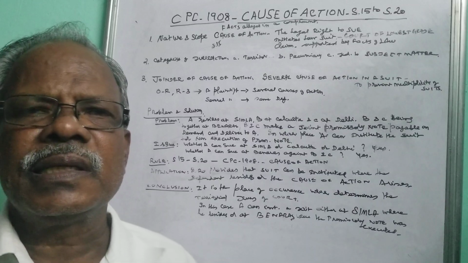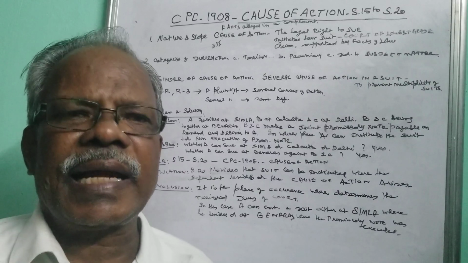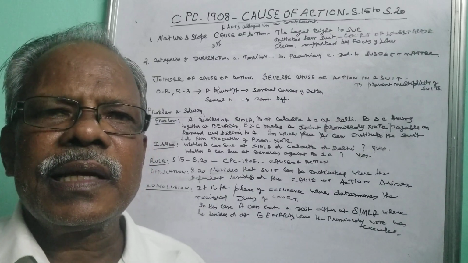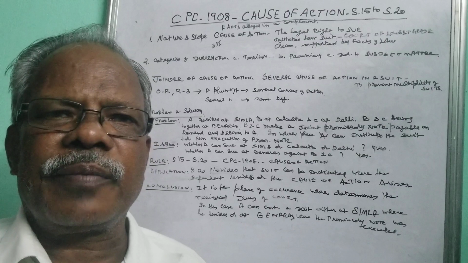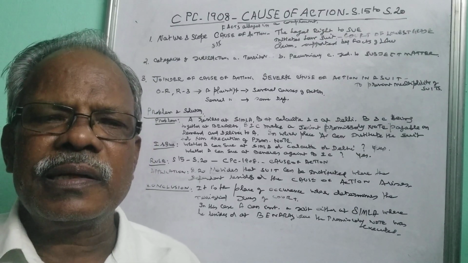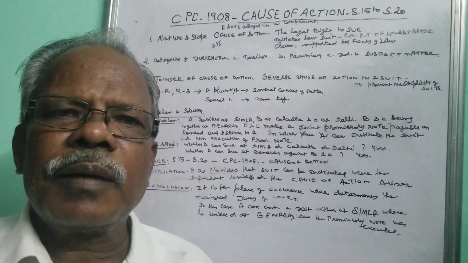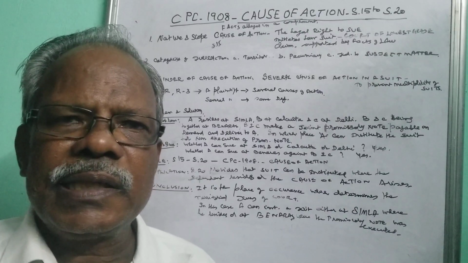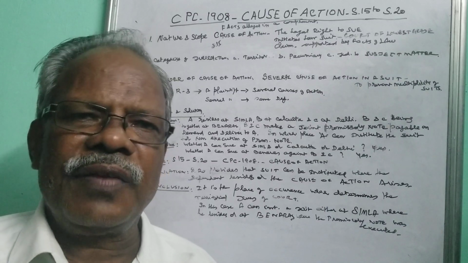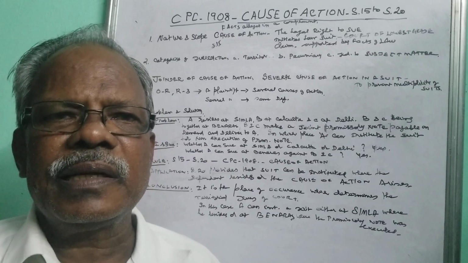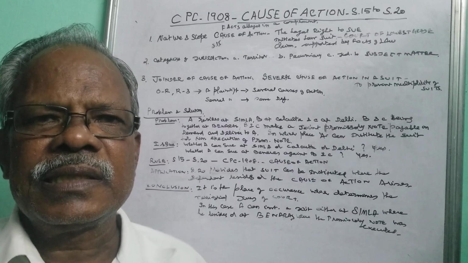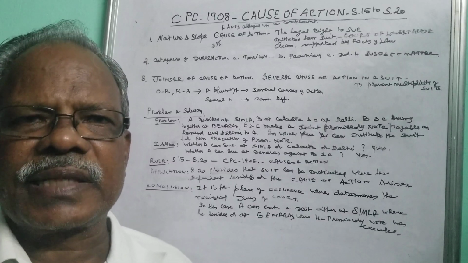Cause of action means, to initiate action in the court, there should be some cause in the suit instituted by the plaintiff. Whenever the rights of a party are infringed, the plaintiff seeks relief from the court basing on the fact of law or bundle of facts, and that is called the cause of action.